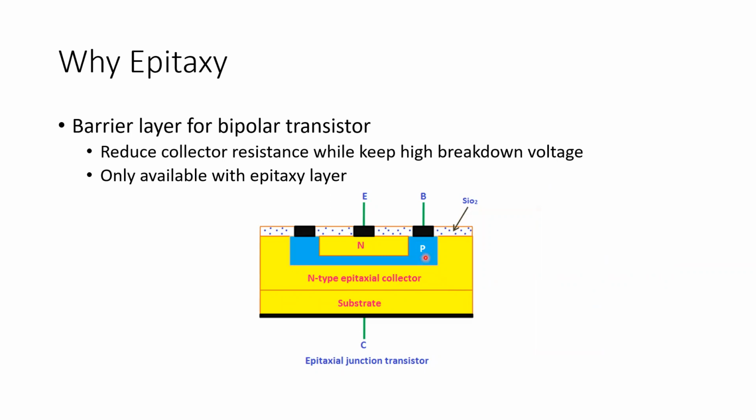And then we do the doping and make the P region and N region. So it works as a barrier layer for this bipolar junction transistor. It reduces the collector resistance and keeps a high breakdown voltage. And this is only available with an epitaxial layer.